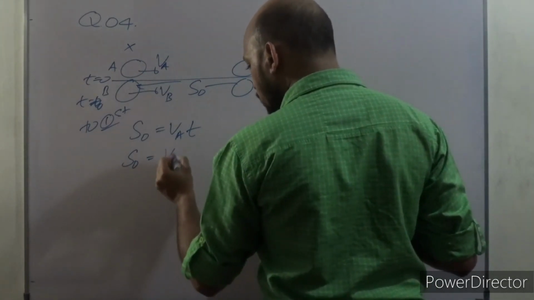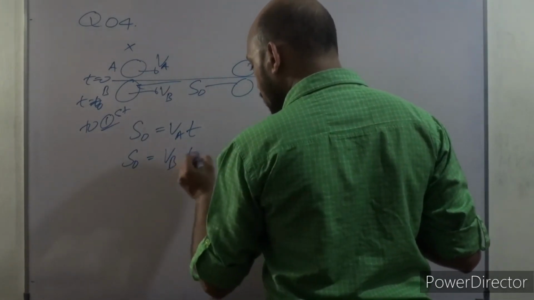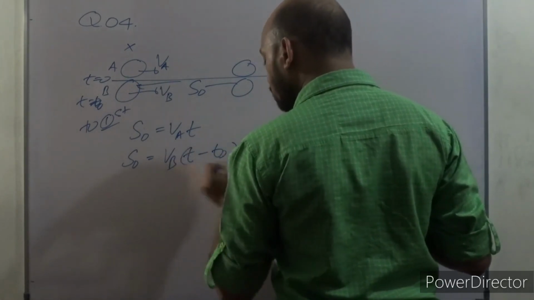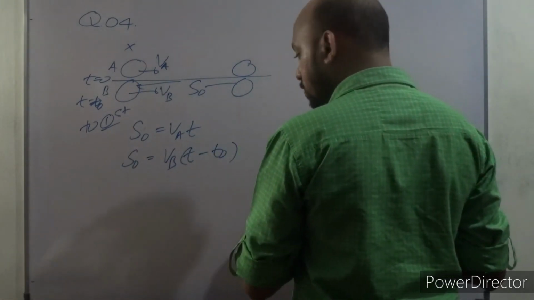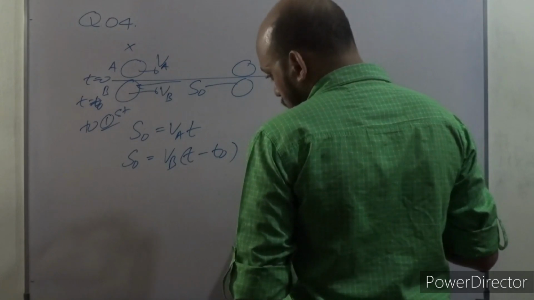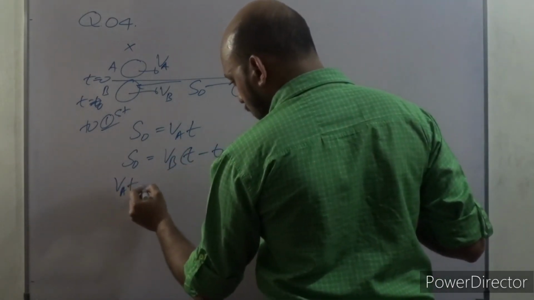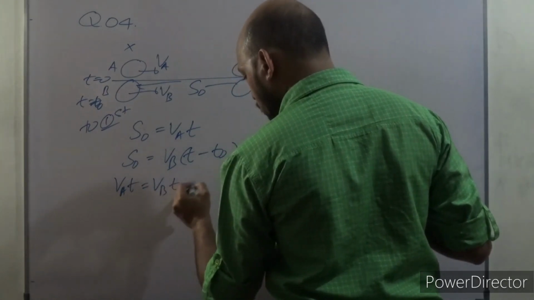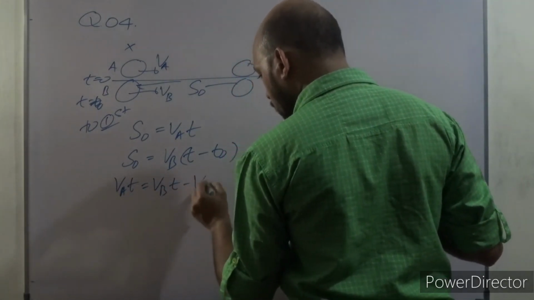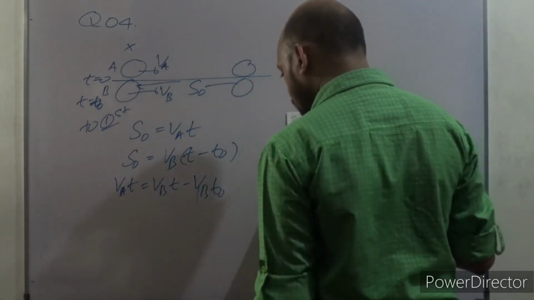Now the velocity is VB, and the time taken is t minus t0, not t. So VB(t minus t0) equals VA t, that is VB t minus VB t0.